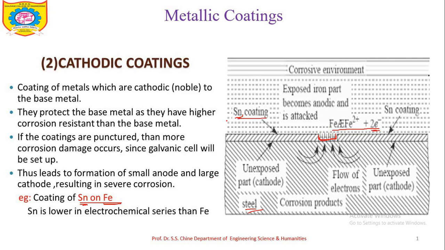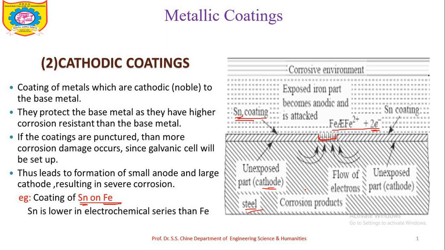Whereas this coating metal acts as cathode and will get protected. Okay, so in this cathodic coating, on development of cracks or rupture, it will not protect the base metal.